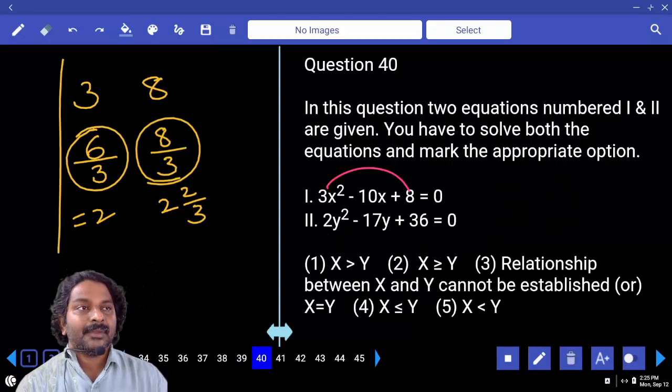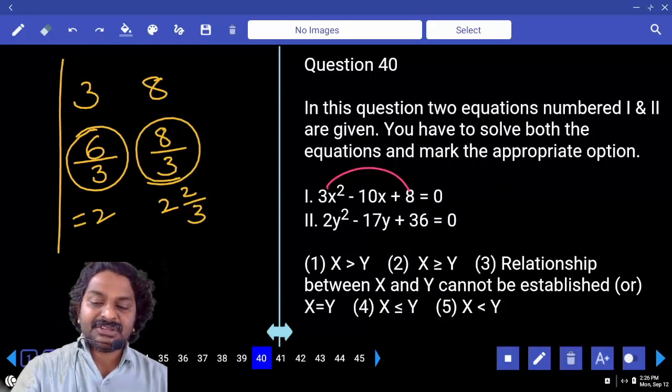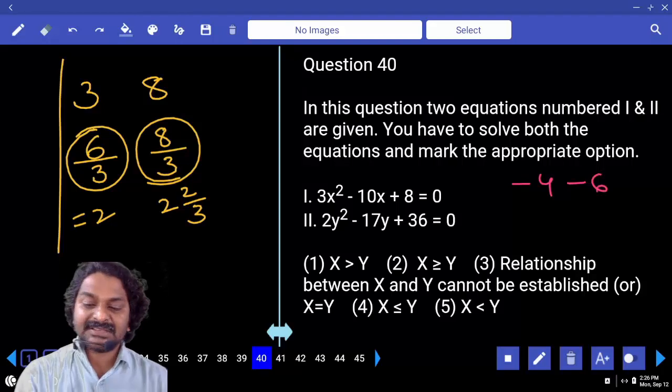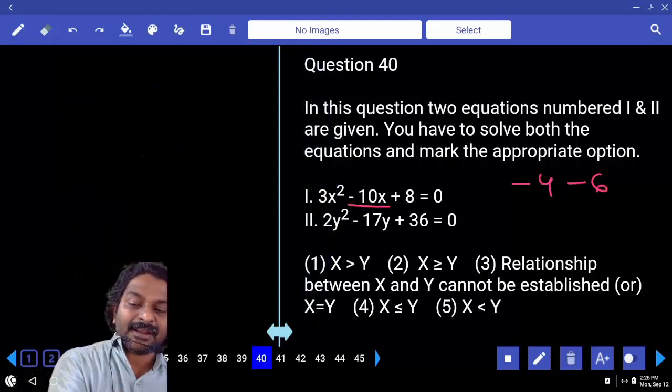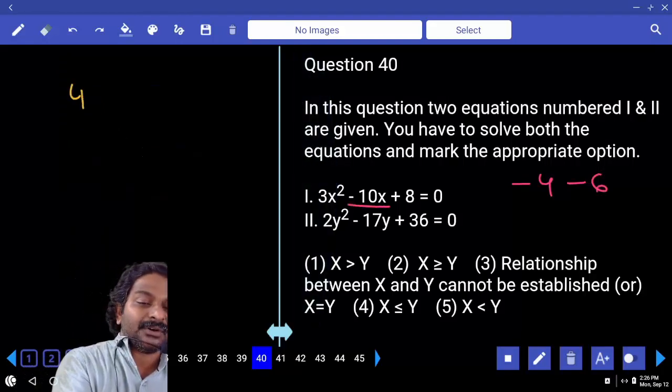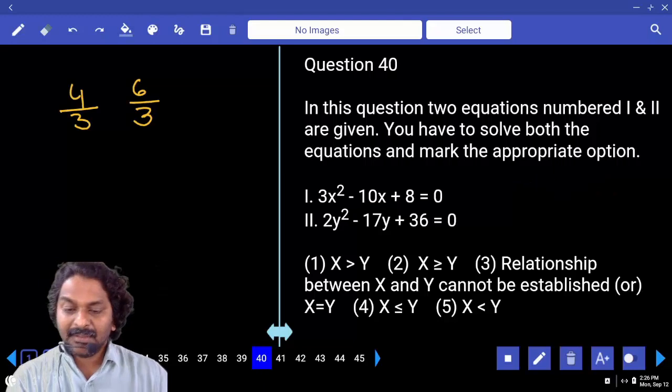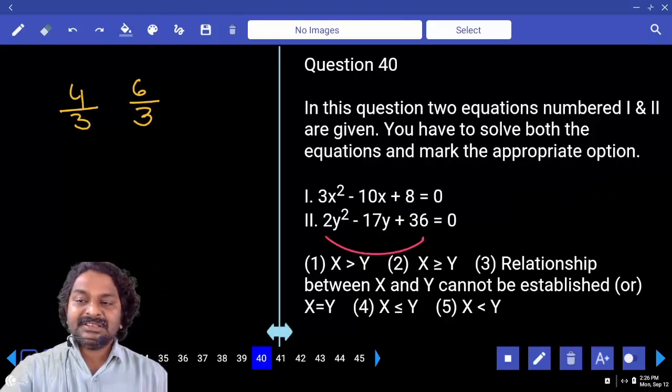Come on. 24. Combination -4, -6. Sum is -10. Factors are +4, +6 divided by coefficient of x square, that is 3. Product 72.